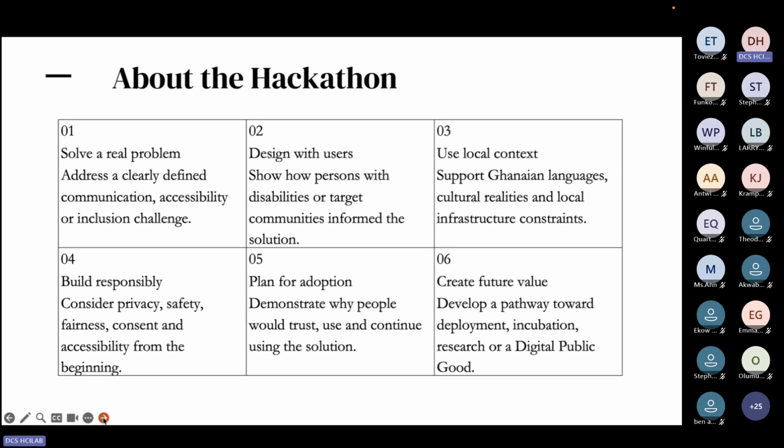Secondly, you're expected to design with your expected users, so show how persons with disabilities or your target communities informed the solution. Thirdly, you're expected to use local languages. The solution should support Ghanaian languages, cultural realities, and our local infrastructure constraints.